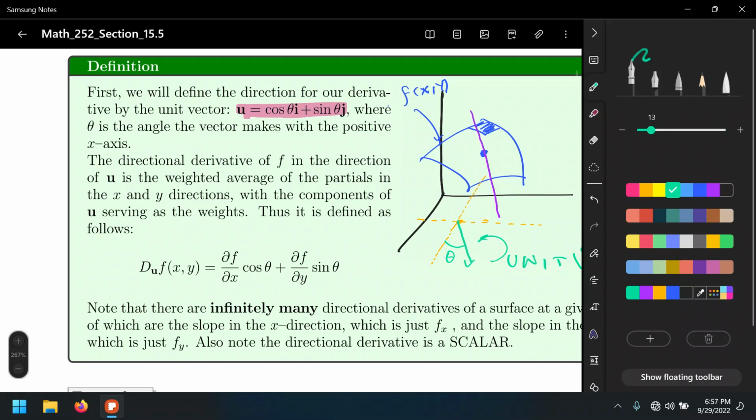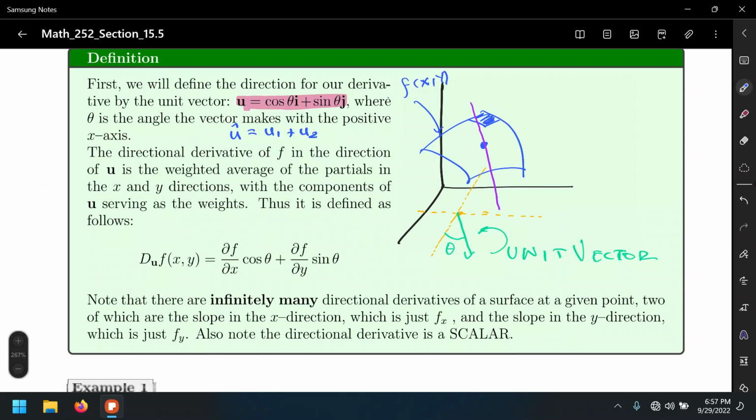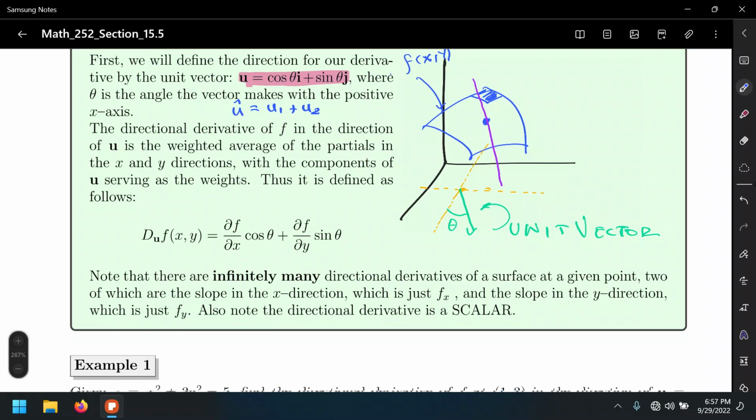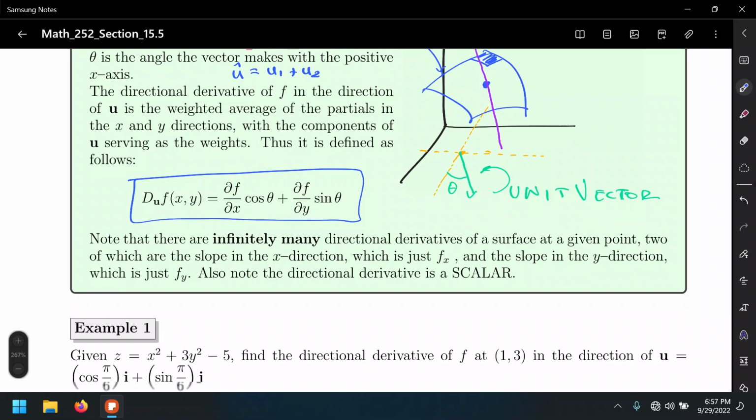Of course, this is not the only possibility for unit vectors. Recall that we define a unit vector u with a hat, which is u1 i plus u2 j. So this will be our formula for now, considering just changing the direction with some angle.